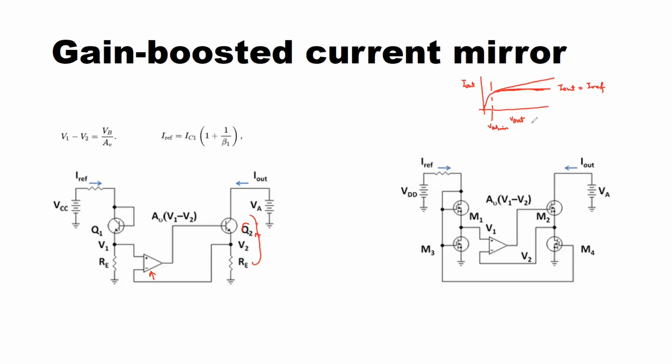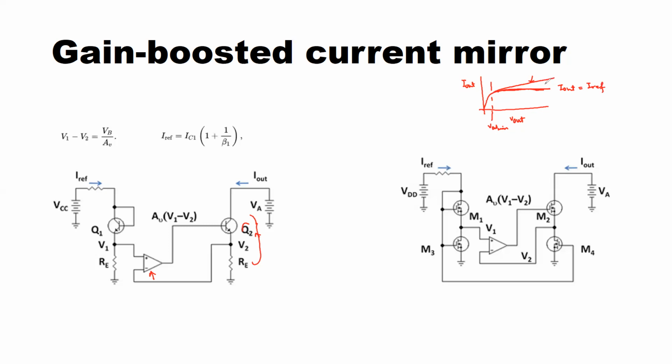So when the voltage across the transistor increases, the current also increases. In the case of a BJT based current mirror, this is due to the early voltage, where the base width of the transistor gets modulated with the collector emitter voltage, the collector base voltage across it.